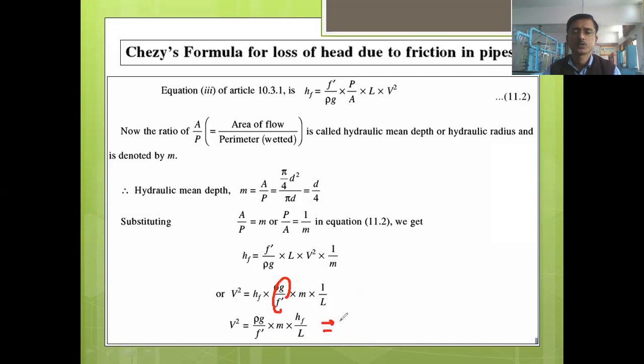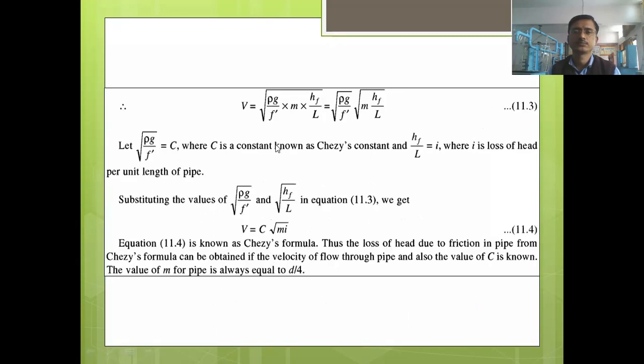Now taking the square root on both sides, on the left hand side we get v, and on the right hand side we get under root of rho g upon f dash into under root of m into hf upon L. Now under root of rho g divided by f dash is a constant; these are the constant terms.